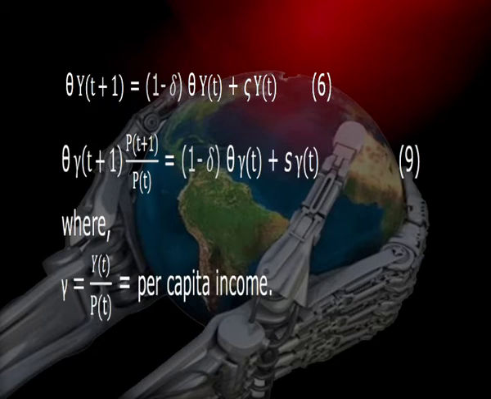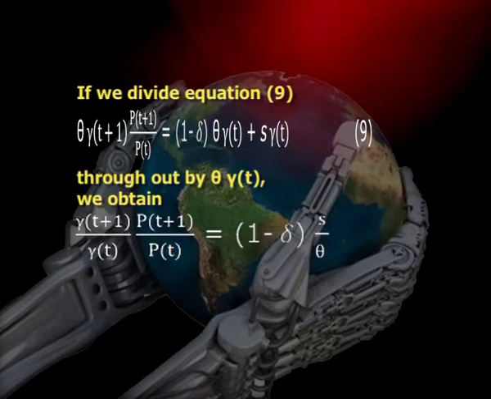Thus, if population is introduced in the Harrod model, we may derive equation 6 as theta into gamma t plus 1 into P t plus 1 upon P t, which is equal to 1 minus delta into theta gamma t plus sigma gamma t, where gamma is given as Y t upon P t, which is nothing but the per capita income.